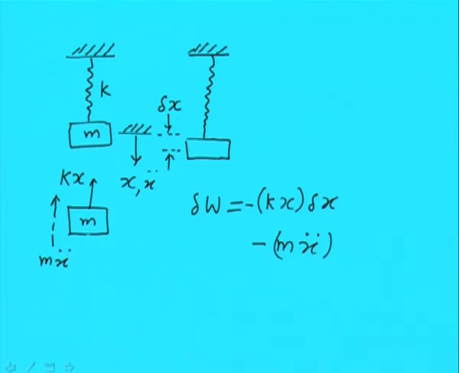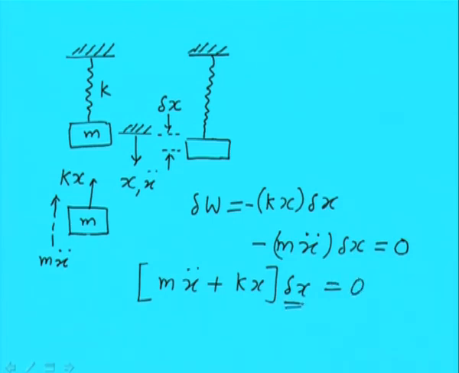So, this is also getting displaced by the same amount delta x, and according to the virtual energy principle, this virtual work done is 0. So, we can see that we can simplify this term like this, or this is x.